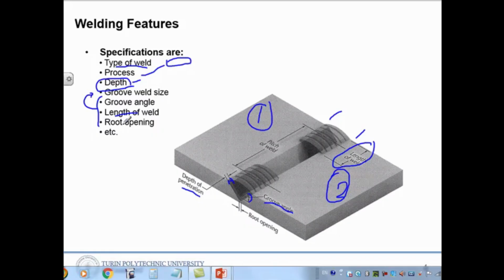Groove angle, length of the weld, and root opening. Root opening is here. Before welding, we put two plates like this, or say if this one is a groove weld, something like this.